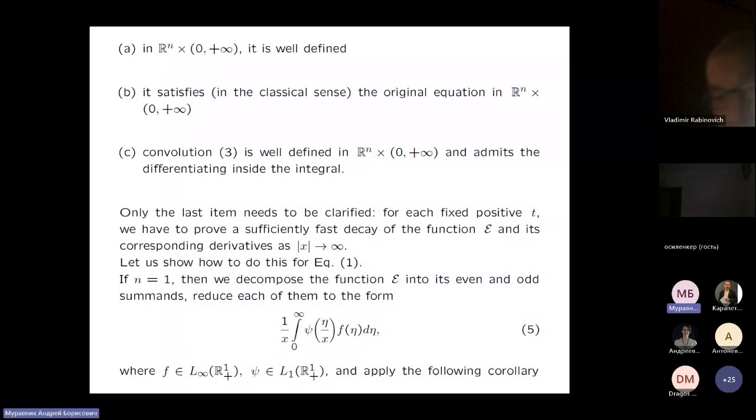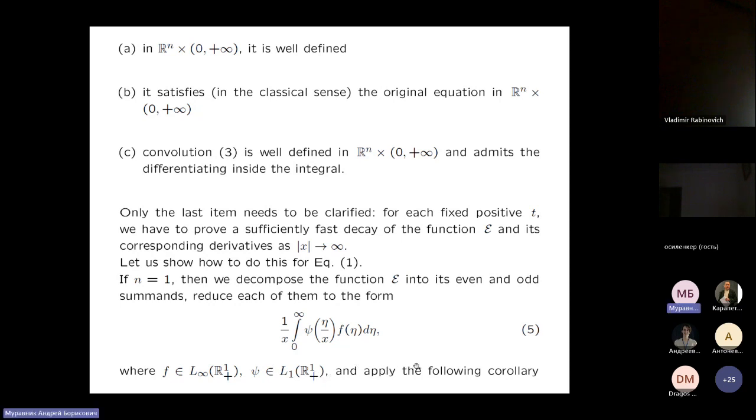In the one-dimensional case, we decompose our kernel into its even and odd summands and reduce each of these summands to the form 5, where f is an essentially bounded function, and psi is a summable function.